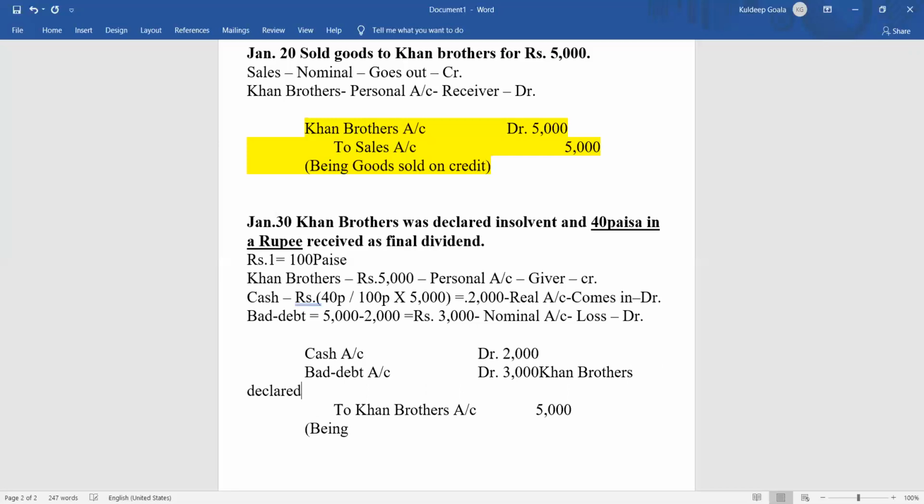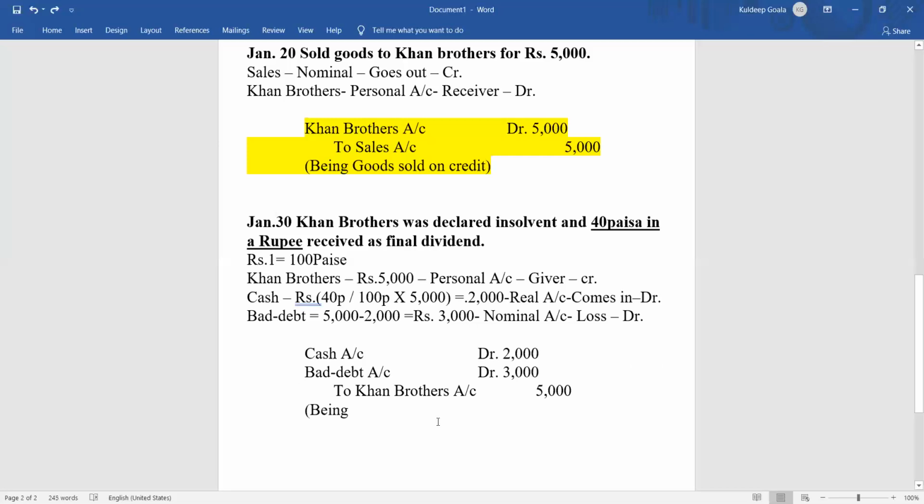Being Khan Brothers declared insolvent and 40 paisa in a rupee received as final dividend.